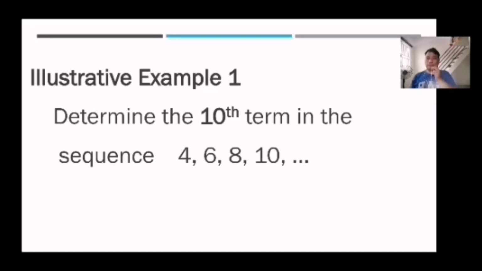Determine the 10th term in the arithmetic sequence 4, 6, 8, 10. Okay, so to solve for the 10th term of this sequence, we will be using the arithmetic sequence formula. All the red part in this formula are the values that we'll be needing to solve for the 10th term.